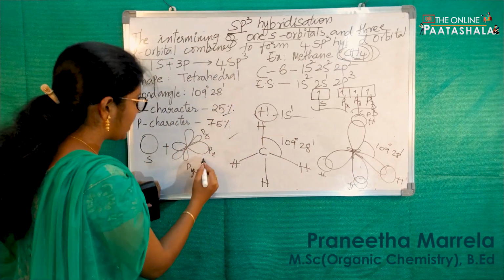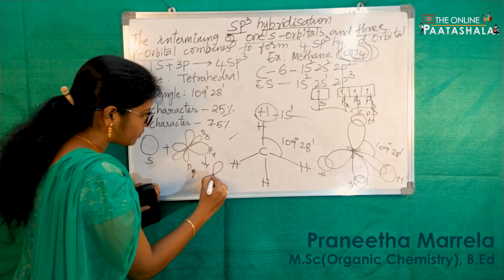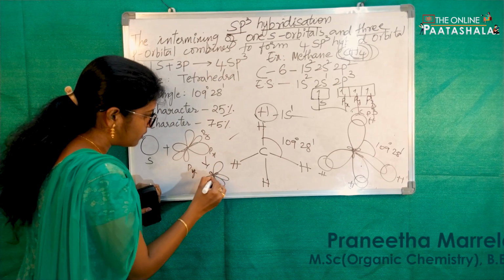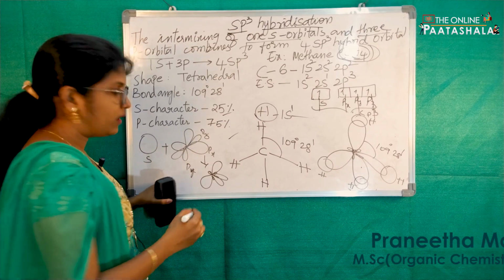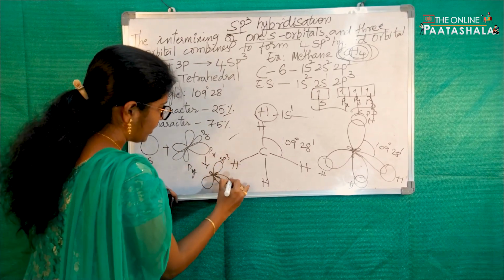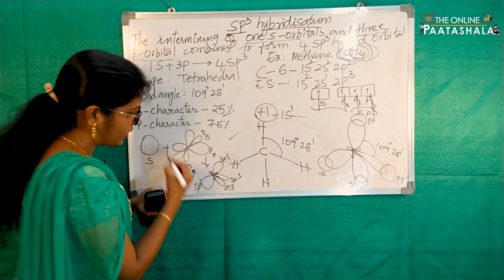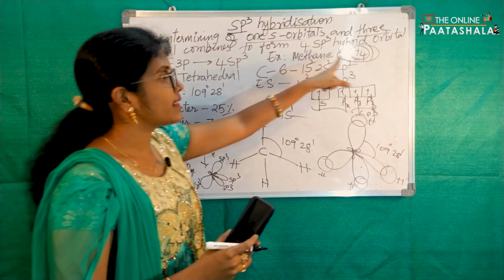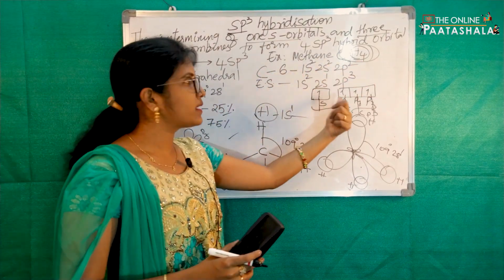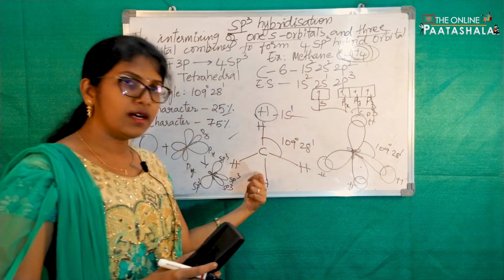And this is the shape it is getting, with sp3 and another sp3. And what is the example? CH4. How it is getting hybridized and what is the shape?